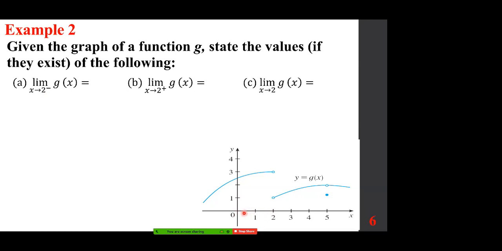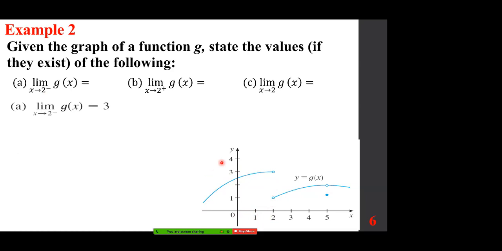The left of 2 is this way. And so what we have here, the left of 2, we are in this branch, which is shooting towards this hole, class. So it's moving towards that. Remember, we are not interested in 2, we are interested in approaching 2 from the left. What is the y coordinate? 3. So the answer is 3 for this case.